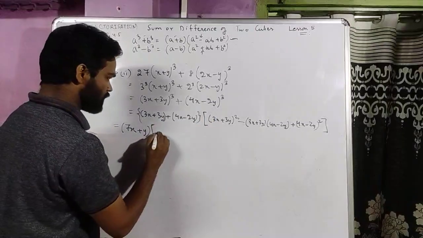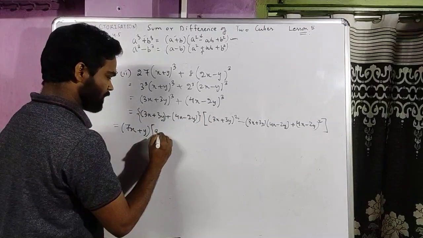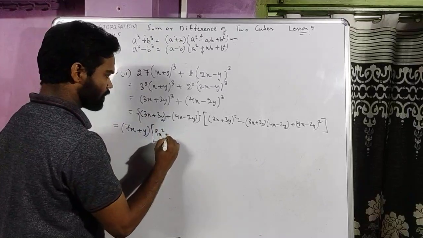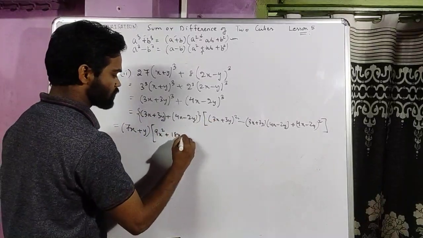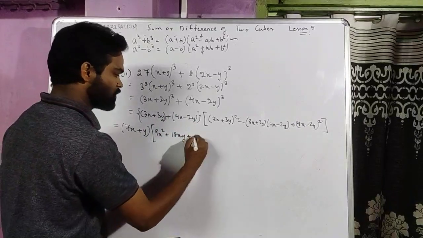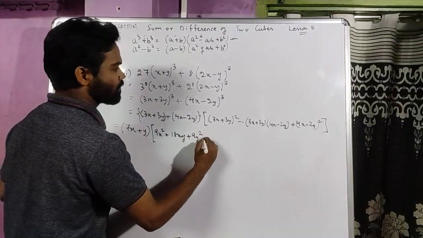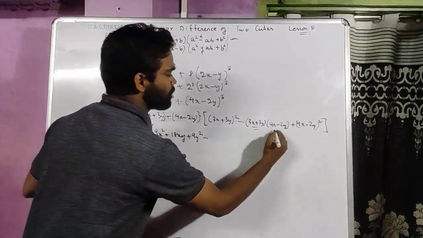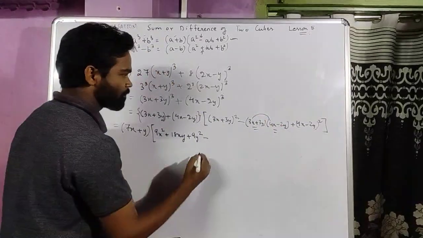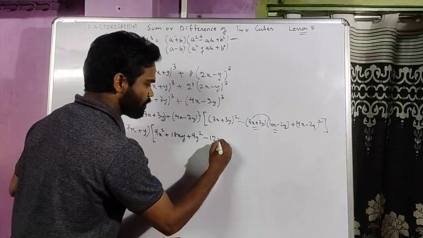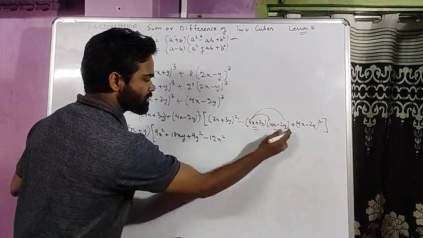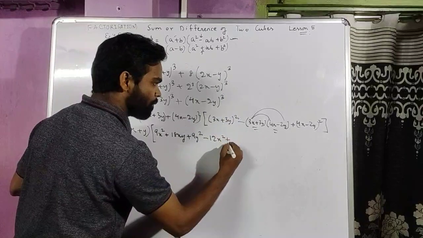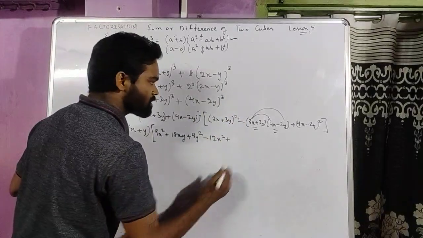A plus b whole square, I'm expanding directly: a square plus twice ab, so that becomes 18xy plus b square, okay, minus, I'll multiply these two, this becomes 12x square, this becomes minus 6xy, and the sign changes to plus because outside we have a minus sign.